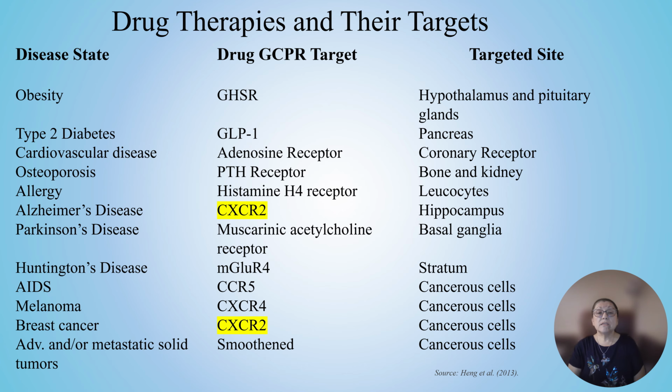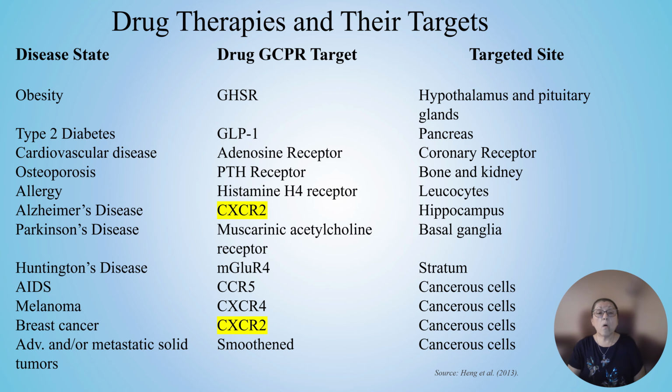AIDS uses the CCR5, and with this group, it's actually not a targeted site, but the actual cells that have gone out of control, so it would be on cancerous cells. Melanoma uses CXCR4, and it also affects cancerous cells. Breast cancer, CXCR2, which affects the cancerous cells.